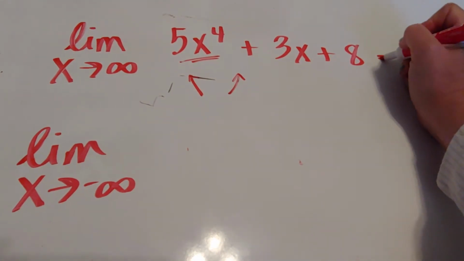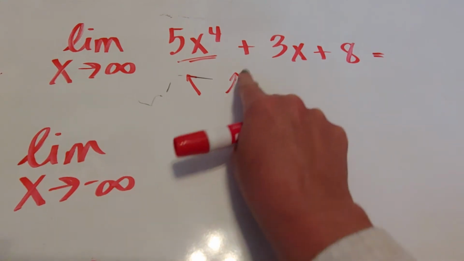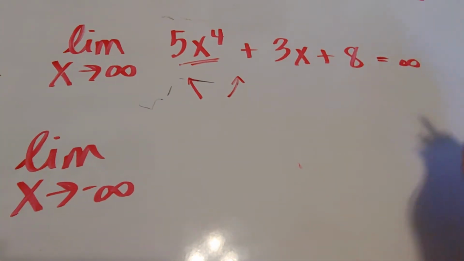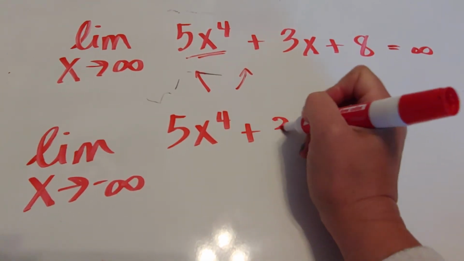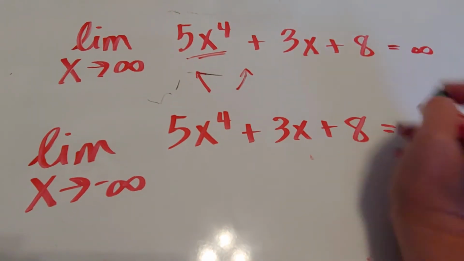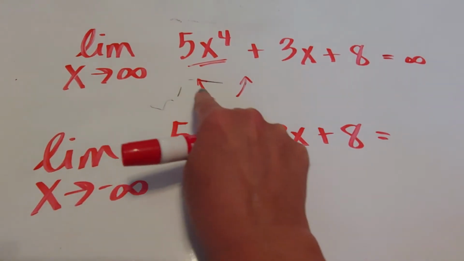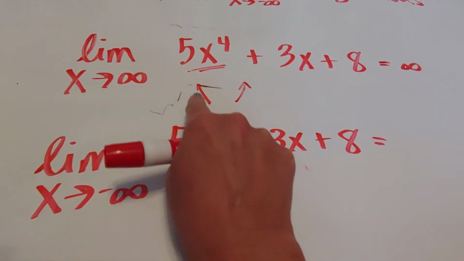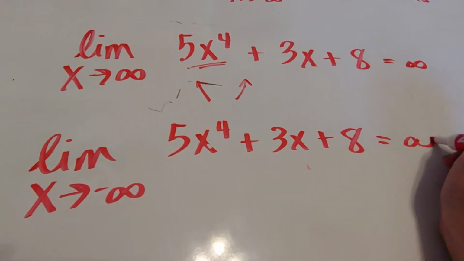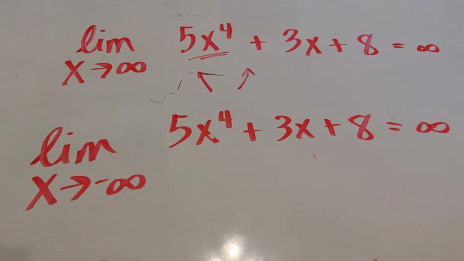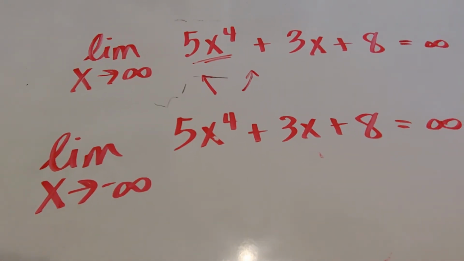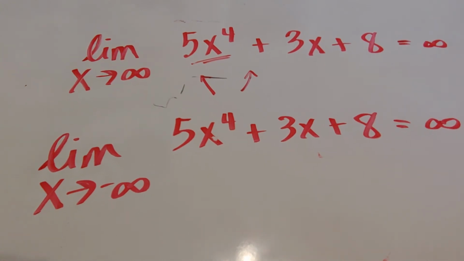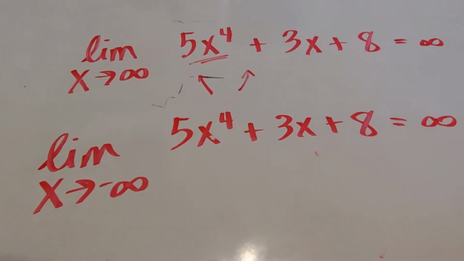So that means that my answer as I walk to positive infinity, it's going to be going up. If I take the limit as x goes to negative infinity, well, as I walk forever to the left, it's still pointing up. And there we have it. So limits at infinity for polynomials are very fast as long as you know facts about the end behavior. All right, good luck. I hope this helps with your homework.